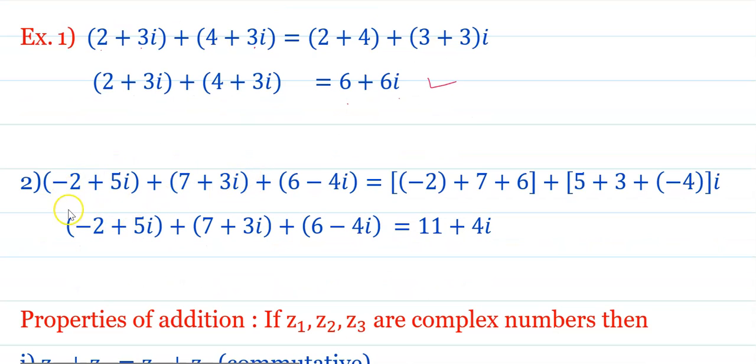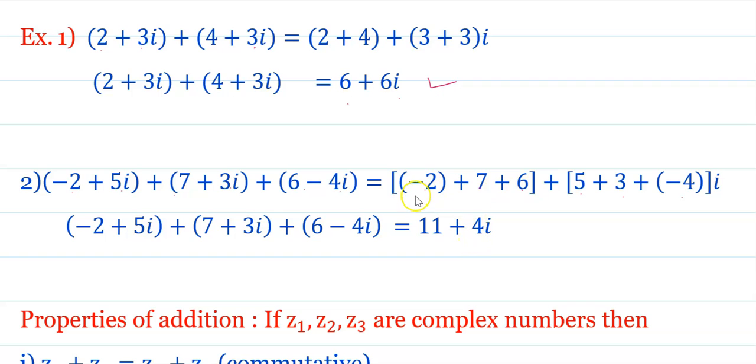Next, one more simplification: -2 plus 5i plus 7 plus 3i plus 6 minus 4i. Okay, now we have taken 3 complex numbers, no problem. Collect here real numbers only: -2 plus 7 plus 6. In the next bracket, 5i plus 3i minus 4i, 5 plus 3 minus 4, bracket complete into i.